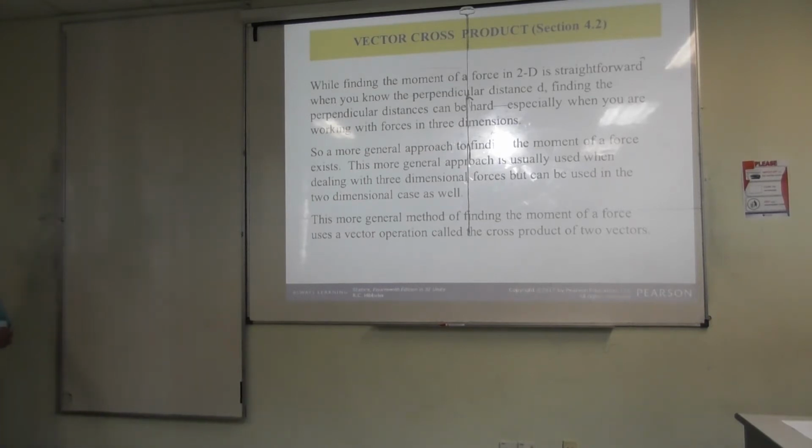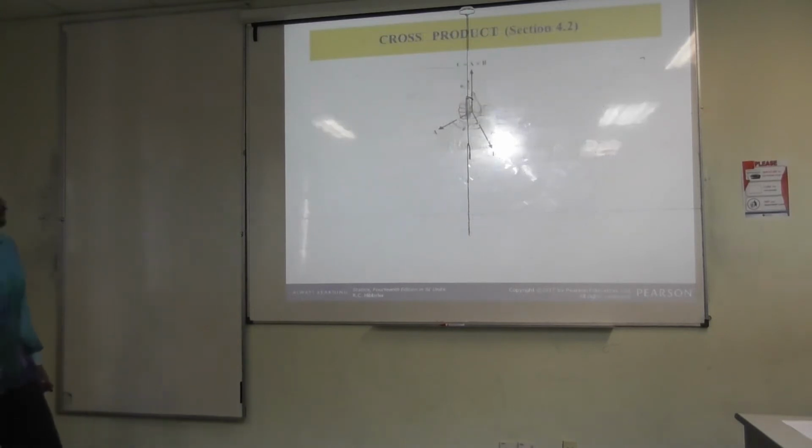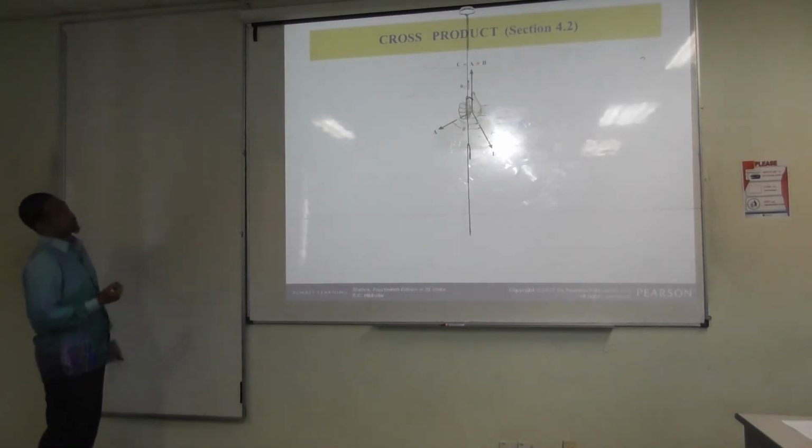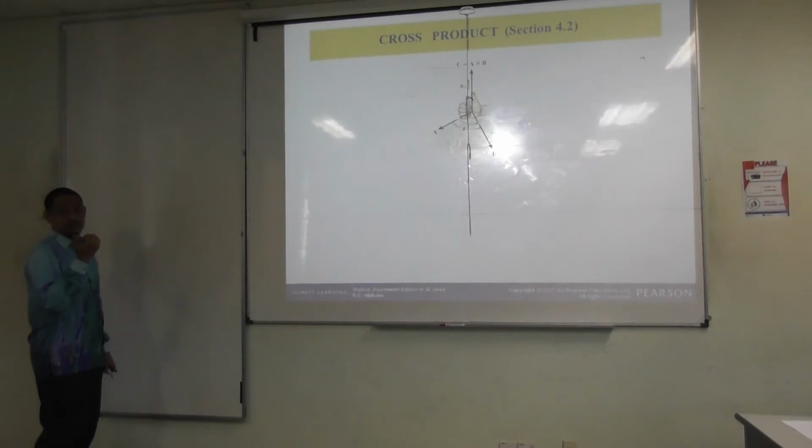So, cross product. Okay. So this is where the right hand rule comes into the picture. If you have learned cross product, you have learned about the right hand rule. So everyone understands the right hand rule.